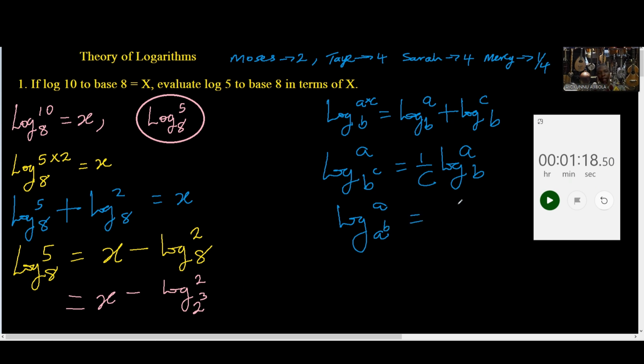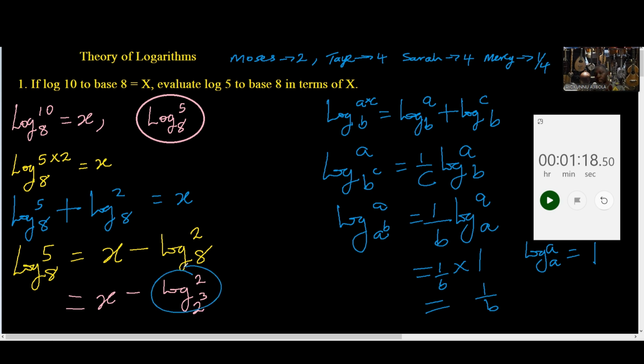So our answer is going to be 1 over b log a base a. And log of the same base in logarithm will be 1, which means log a base a is 1. So this answer now becomes 1 over b times 1. Then the final answer will be 1 over b.